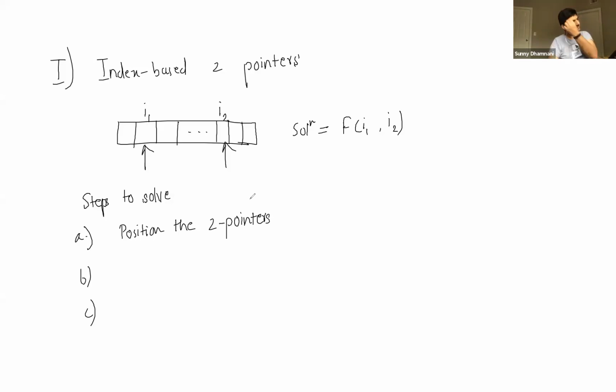So what does position mean? Can anybody tell me, if I just give you this sentence, what would you interpret out of this? To make these pointers point to specific indexes of the array. Right. Yeah, that's correct.